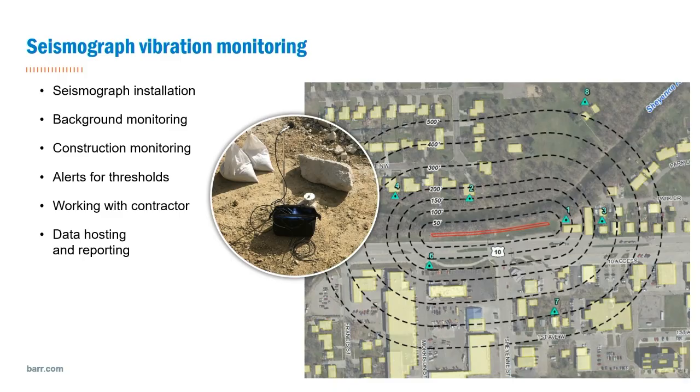When we looked at trying to assess the vibration impacts, we went about identifying certain areas that we thought would be most important to install seismographs. You can see those as the green triangles across the site. Some of these areas we were able to keep there the whole time. In other areas, pieces and parts disappeared at night.